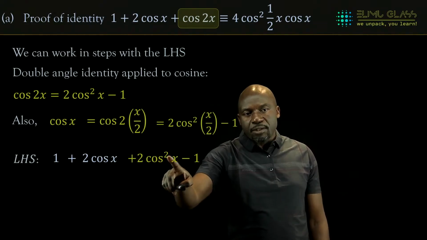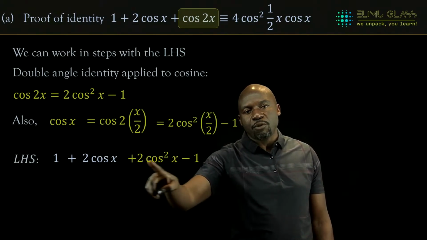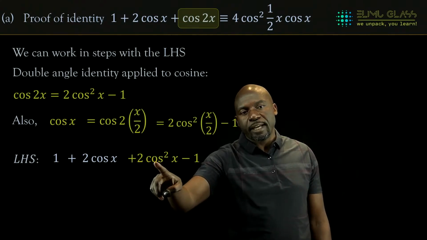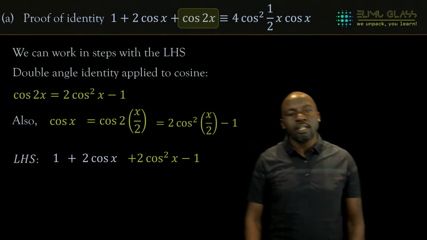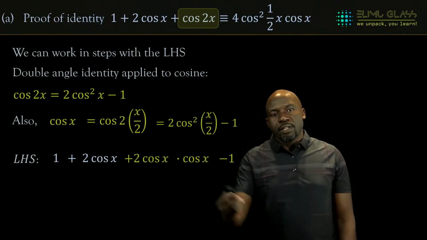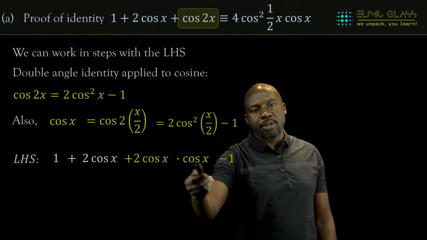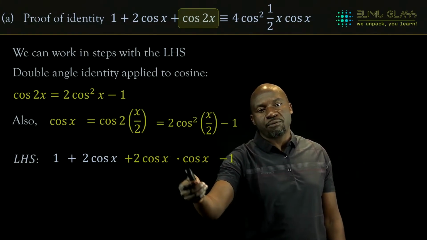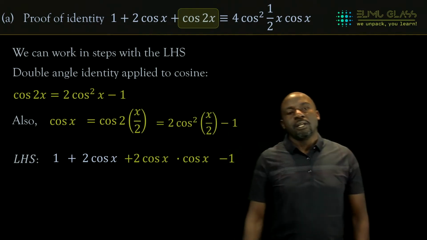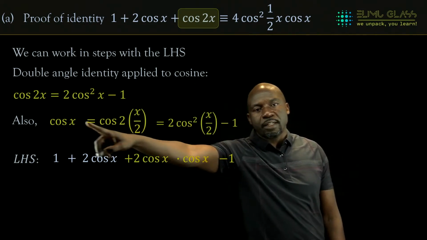Cosine squared of x is the same as cosine x times cosine x, so I'm going to write this as twice cos x times cos x minus 1. This is just cosine x times cos squared of x. I've expressed it this way because I want to get rid of just one of them. So I will get rid of this and replace it with this, because that is cosine of x.